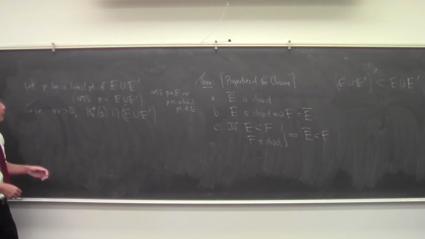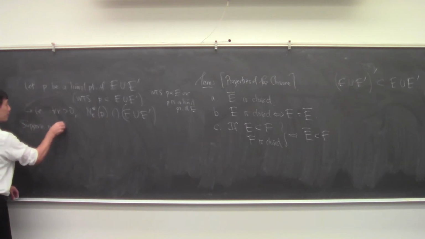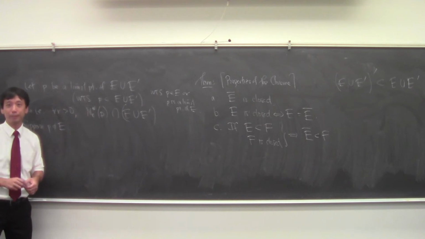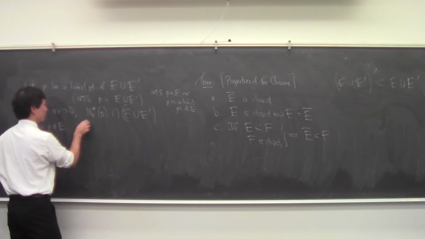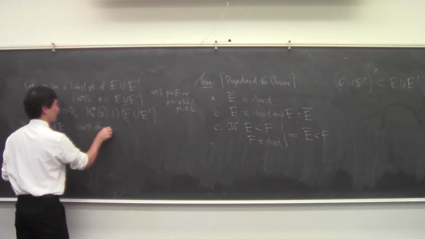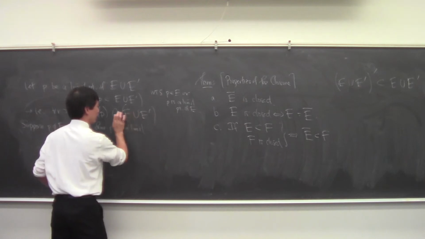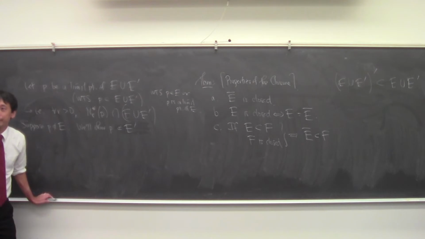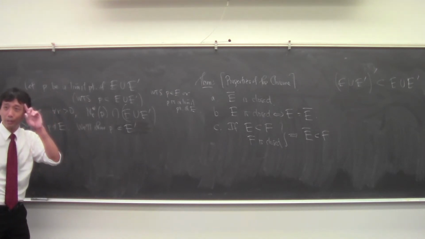Okay, so suppose that P is not in E. Let's show that P has to be a limit point of E. Okay, so what do we need to show that it's a limit point?